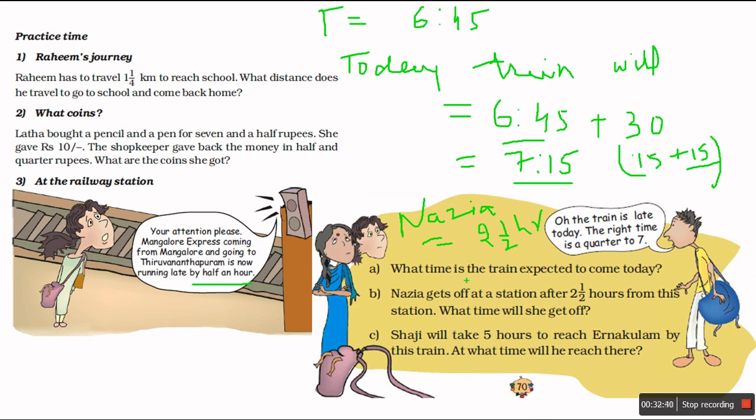So if it is 2 hours later, that means 9:15, and 30 minutes again. 2.5. So once I have added 2 hours to 7, that is 9 hours 15 minutes plus half hour, meaning 30 minutes. Again I will break this 30 into 15 plus 15.